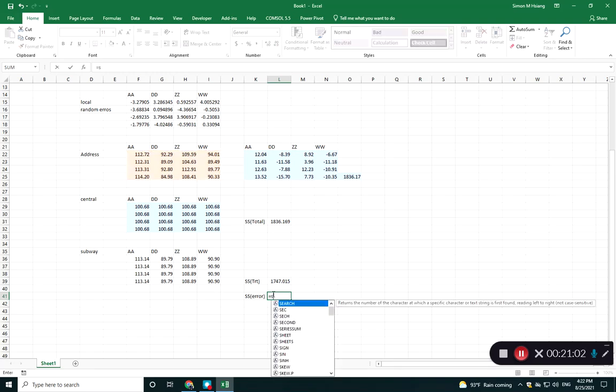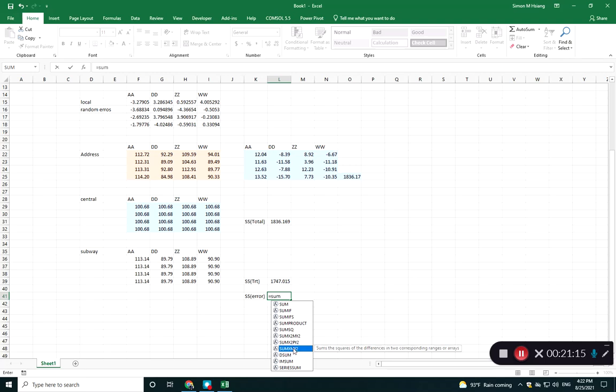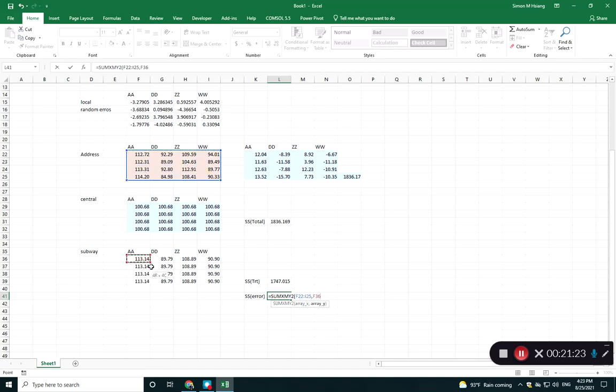Should be sum minus, here we go, of where I am, where my subway station is at, right?